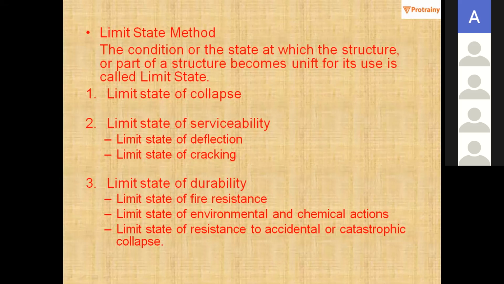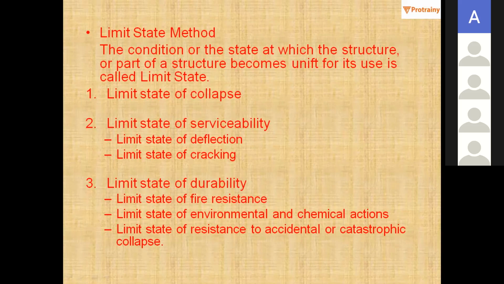Now, deflection. For example, imagine that you have designed a slab, and this slab is very thin, like, for example, just a 100 mm thick slab. It's fine. It's not going to collapse. But if it is going to be deflected beyond a certain limit, it will become an eyesore, and it is going to create problems for the users.